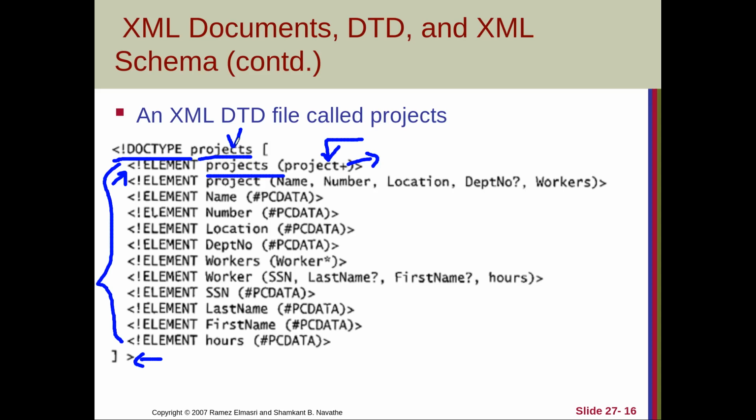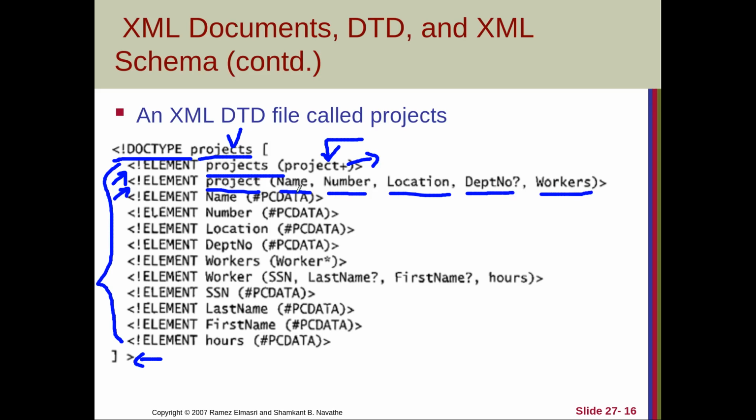Okay, so the properties of the element projects are already given. Then again left angle bracket, exclamation, ELEMENT. Now I am going to describe project, which is another element. Within brackets I specify the different attributes: name, comma, number, comma, location, comma, department number, comma, workers. So what are the properties of project?